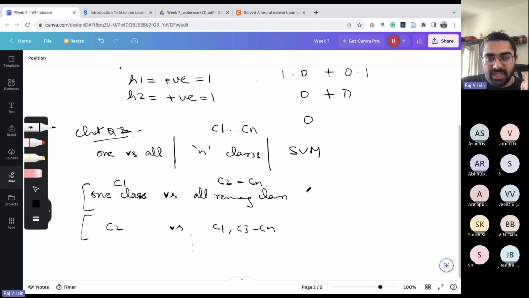Now, when you get a new sample, you will run it through all of them, and whichever has the highest probability of falling into its class, the sample will get assigned to that class. That's the way you can use SVM for a multi-class classification problem, right? So what is the other approach, by the way? If you don't want to use one versus all, what's the other approach?